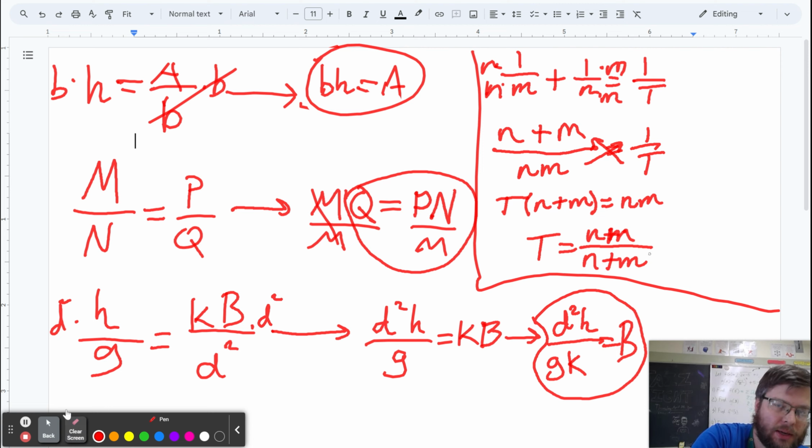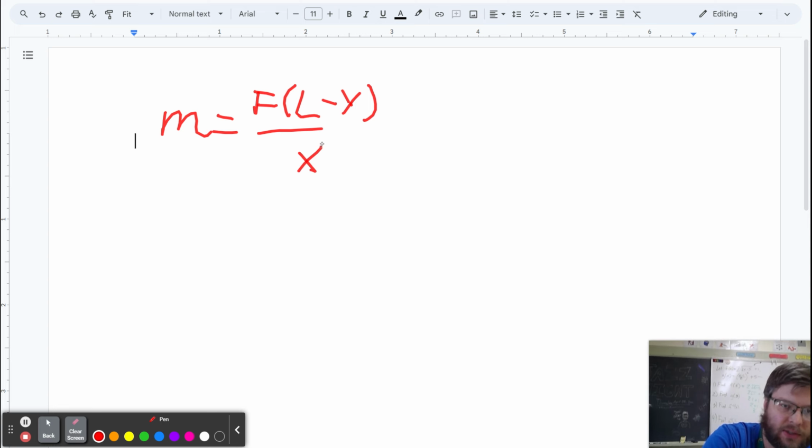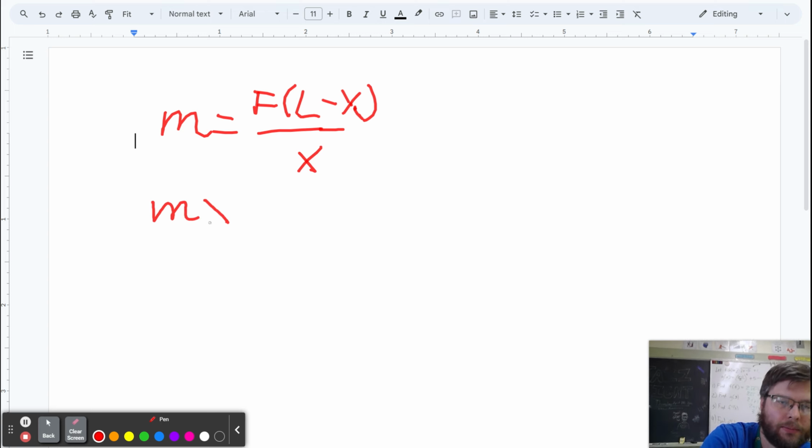There's just one other one that was asked about, which was taking this equation, m equals f times L minus x, over x, and trying to solve this for L. Okay, first let's get rid of the fraction by multiplying by x.